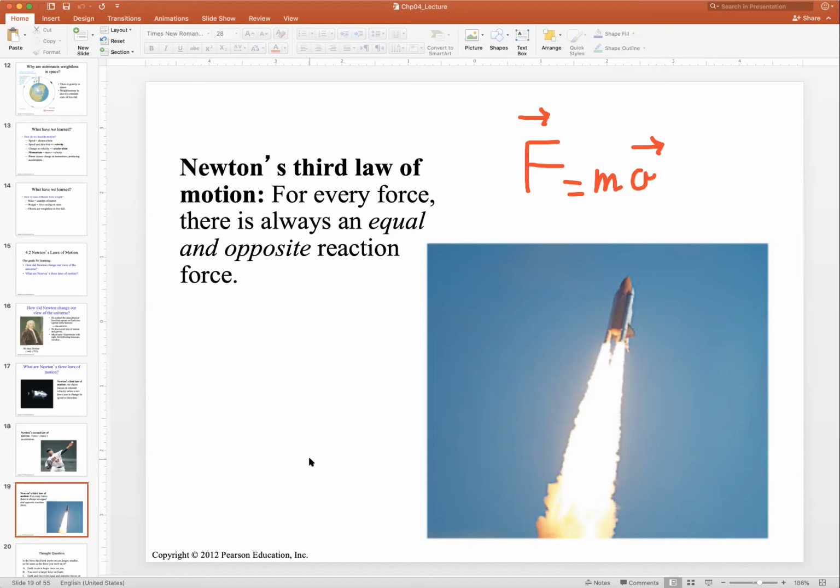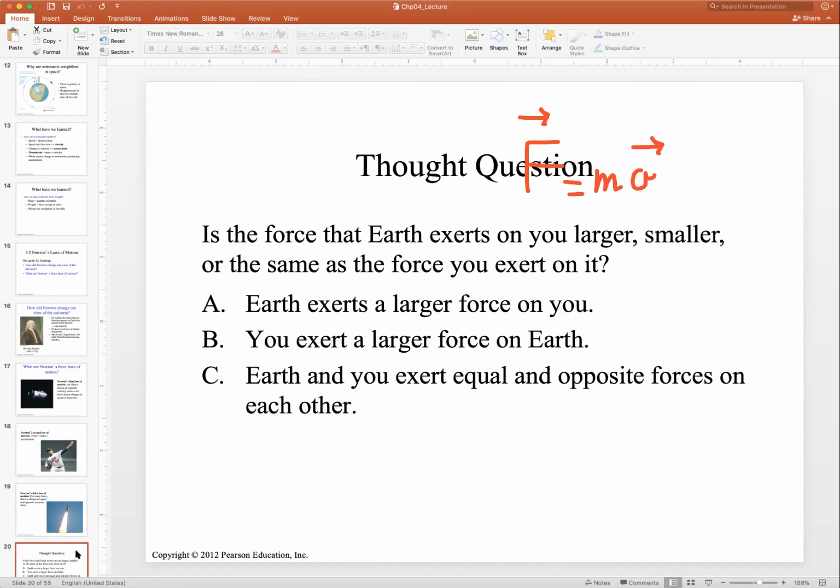The foot of the soccer player exerts some sort of a force on the soccer ball, causing the soccer ball to move. The soccer ball will do the same thing to the soccer player's foot. Okay? For every action, there's a reaction. All right.